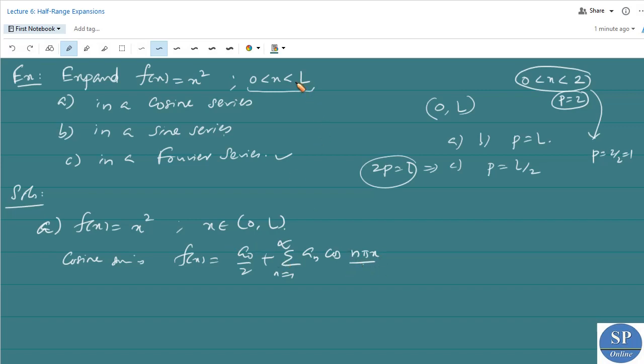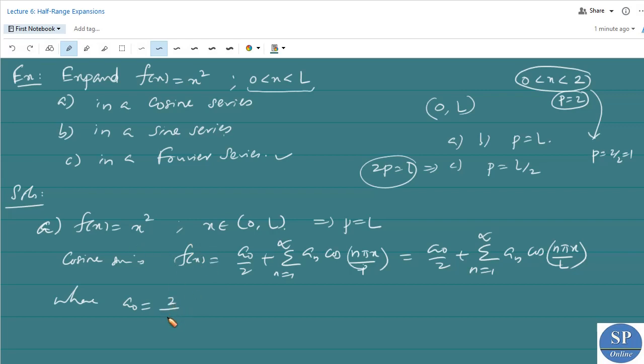Here p equal to L. So this is a naught by 2 plus summation n from 1 to infinity an cos n pi x by L, where a naught is, for a cosine series, 2 by p into integral 0 to p f of x dx.